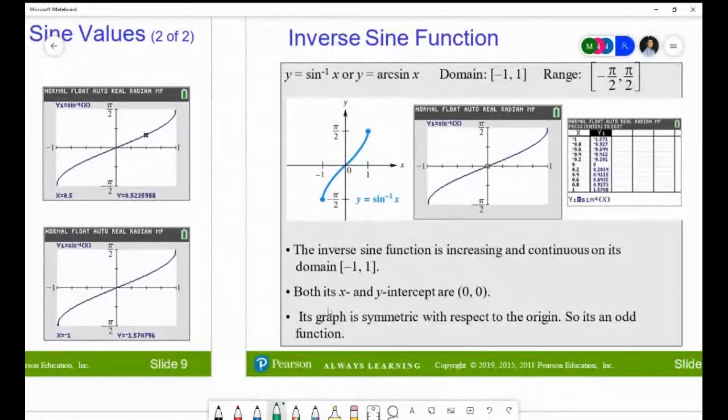And you can see that both the x and y-intercept are 0, 0, for the inverse and the original sine function. And the graph is symmetric with respect to the origin, so it is an odd function. If I were to reflect this over the x and y axis, it will be an odd function, which is the same thing for sine.